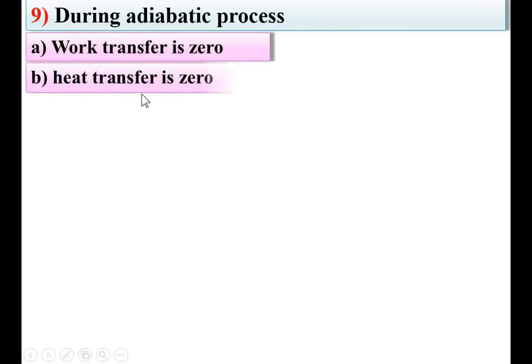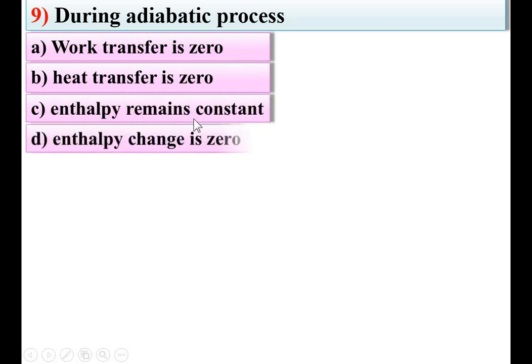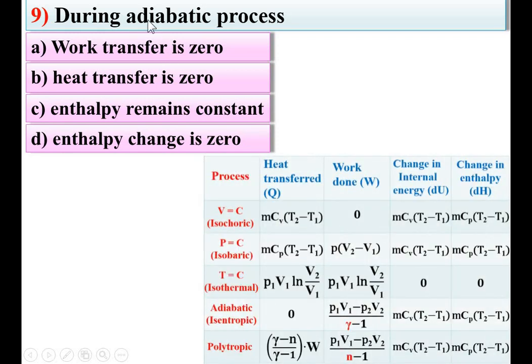Next, during adiabatic process, option: work transfer is 0, heat transfer is 0, enthalpy remains constant, enthalpy change is 0. So consider the figure. During adiabatic process, heat transfer is 0. So B is the right answer. So this is a very important conclusion.